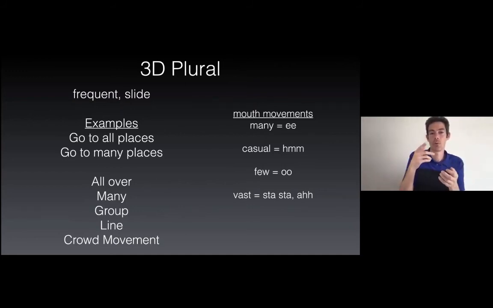But generally, for multiples in 3D, you can have a car, several cars, which means there are multiple cars, or you can just have a slide, which means there's a line of cars that you're explaining the way that they look.